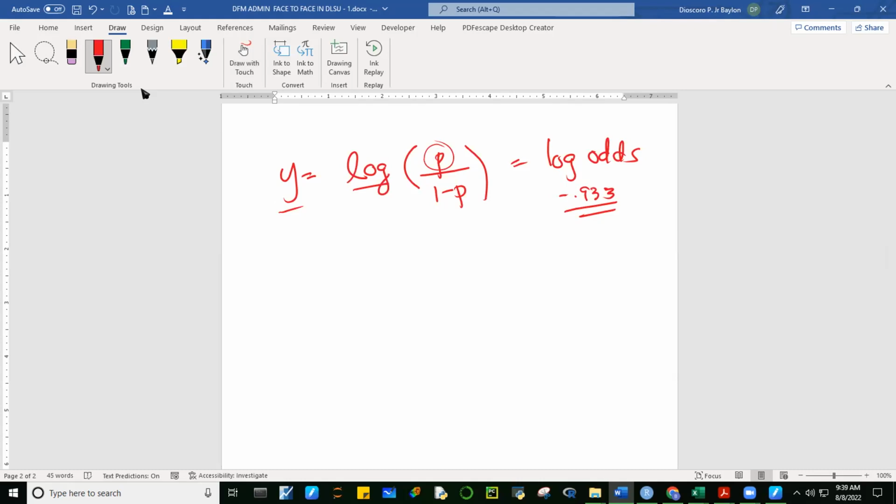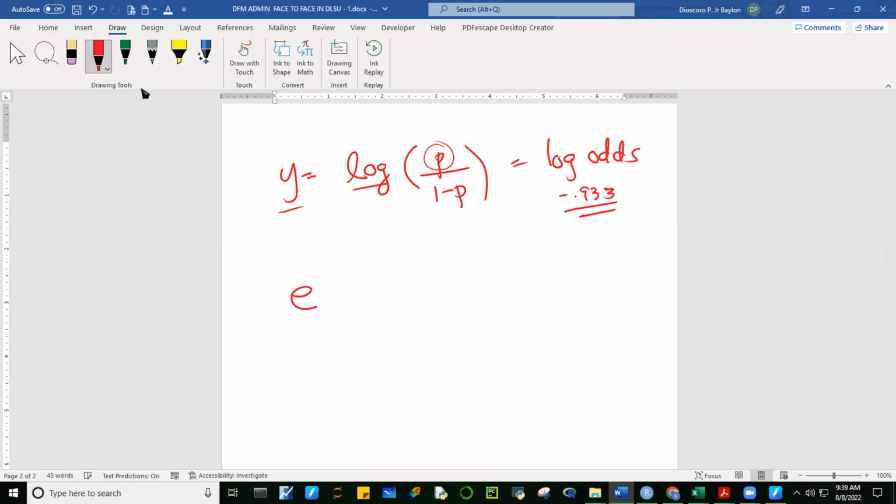So from your previous math, I hope you remember, how do you remove the log? The log can be removed by getting its inverse function, the exponential.